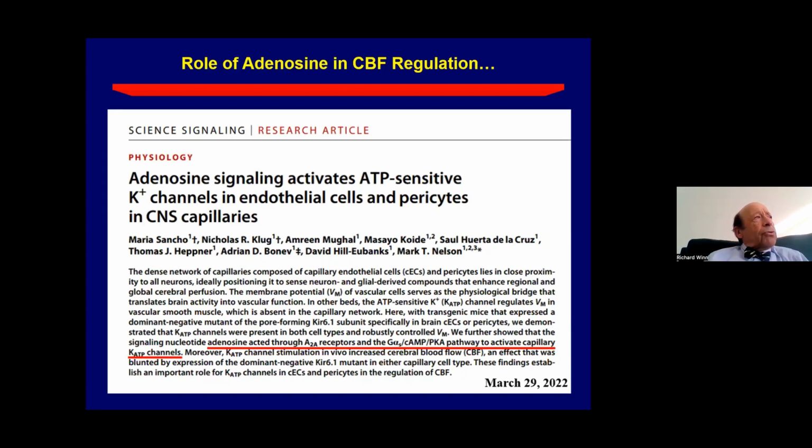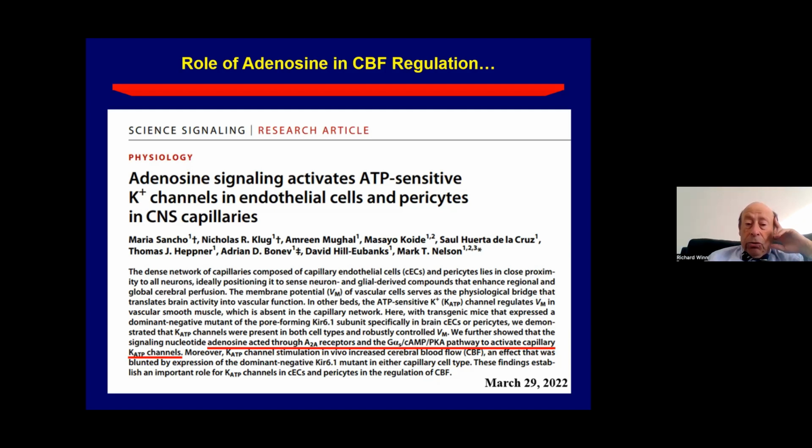So, I mean, it was very gratifying to see this publication in March 2022, just last year, in Science Signaling, that reconfirmed many of our observations and others, that adenosine is a prime factor in vasodilatation and vasoregulation in the brain.